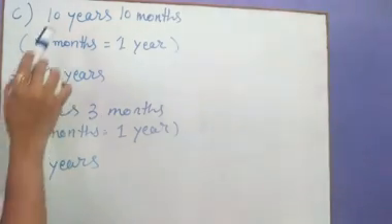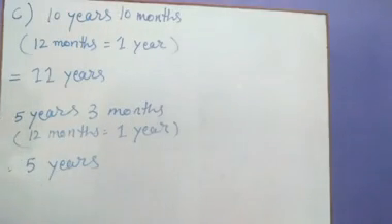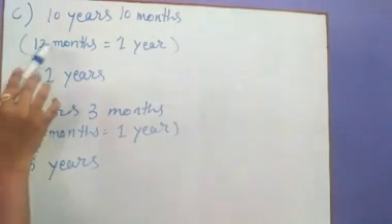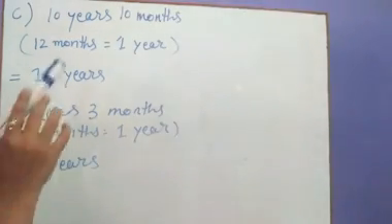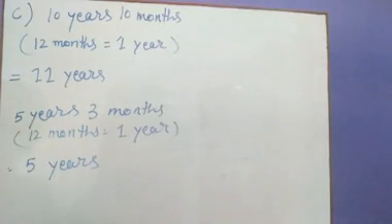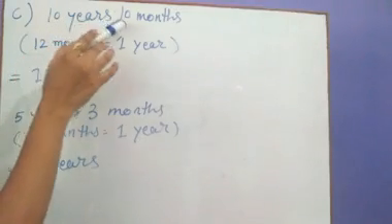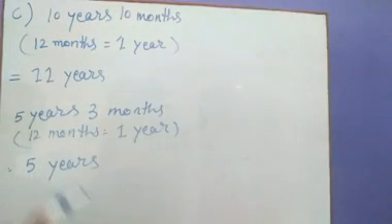And we know that 10 years, 10 months lies between 10 years and 11 years. And we know that 12 months is equal to 1 year. So, only 2 months are left for 1 year. That's why 10 years, 10 months will be rounded up to 11 years. Understood?